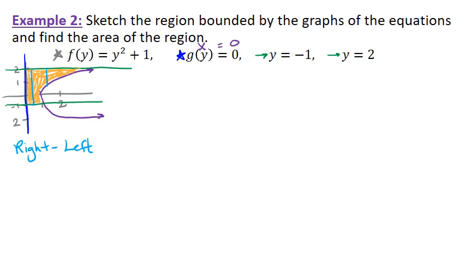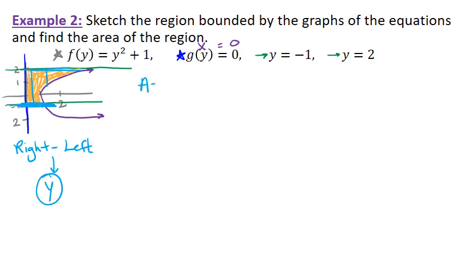Now remember, if we are doing right minus left, everything needs to be in terms of y. That means the function, or the integrand, and the limits of integration. The limits of integration are simply the y values that sandwich this. So the y values of interest are from -1 to 2.